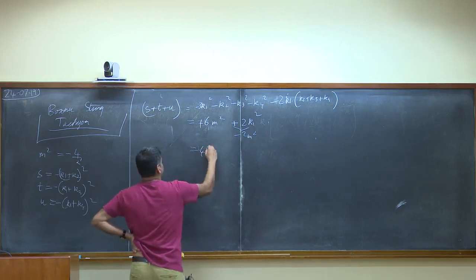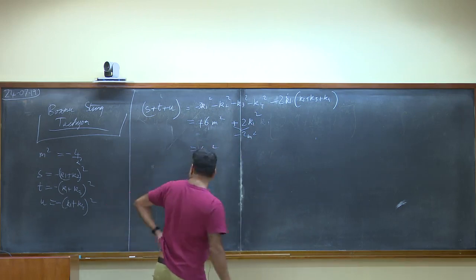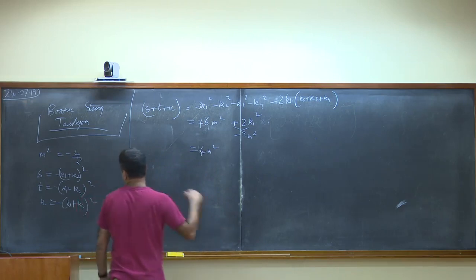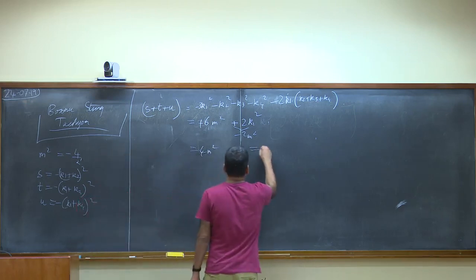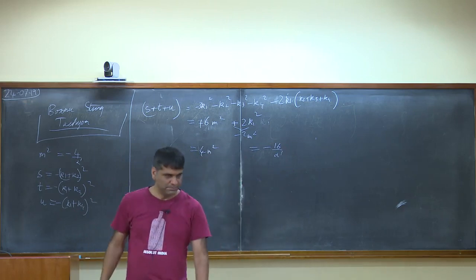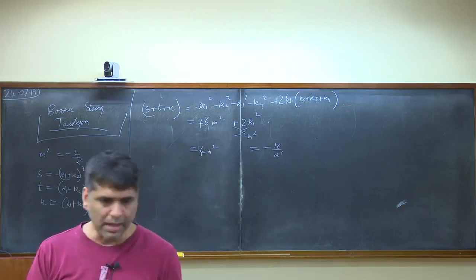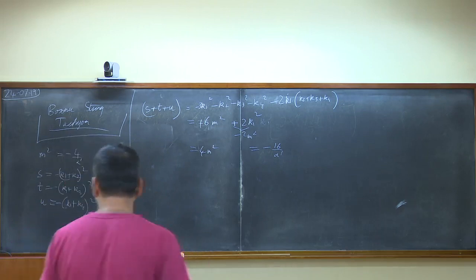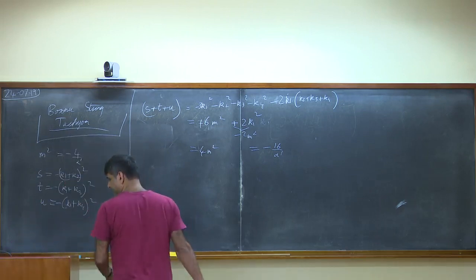So that's equal to 4m squared. And plugging in the formula for what m squared was, in our case it is minus 16 by alpha prime. So S plus T plus U is equal to minus 16 by alpha prime.